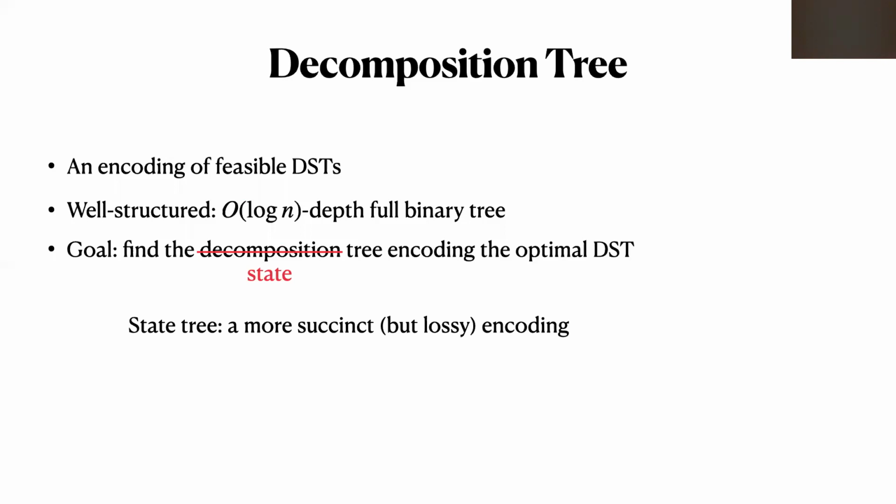To be precise, we will define a more succinct version of the decomposition tree, which we call a state tree. This is because each node of the decomposition tree contains too much information, and it will be difficult to search for a decomposition tree.